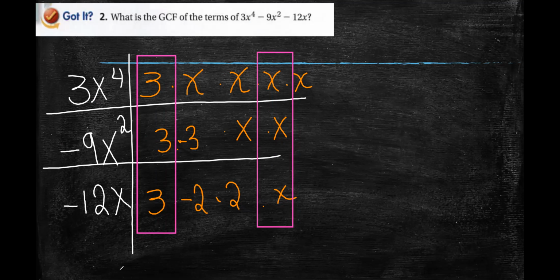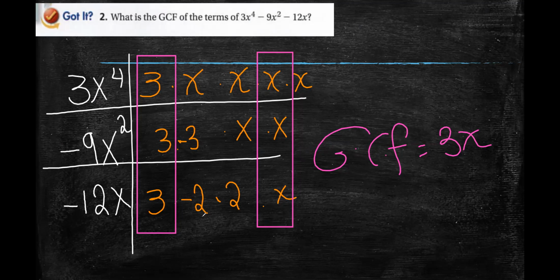So the greatest common factor here is 3x. Now be careful. Sometimes some of you put here -3, then times 2 times 2. This negative sign can be changed.